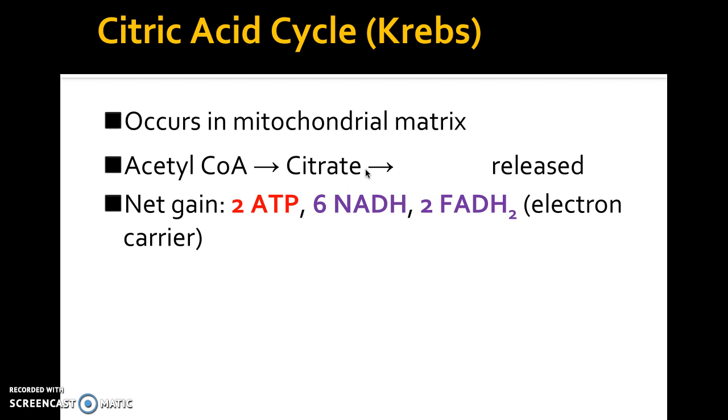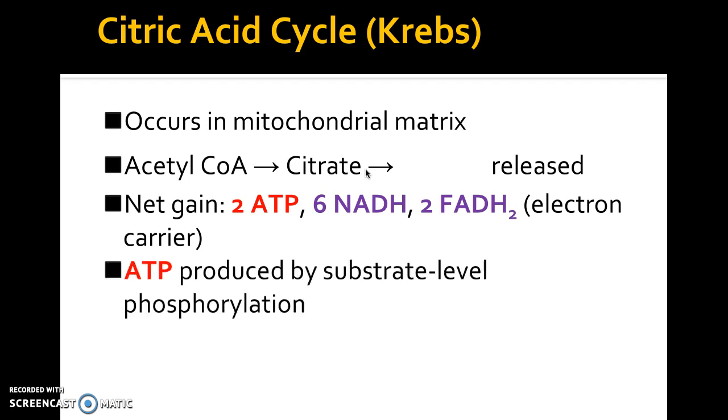We also have the electron carriers, NADH, which again was a part of the oxidation of pyruvate, and we have another electron carrier called FADH2. ATP is produced by having a substrate, and an enzyme assisting in phosphorylating ADP into ATP.